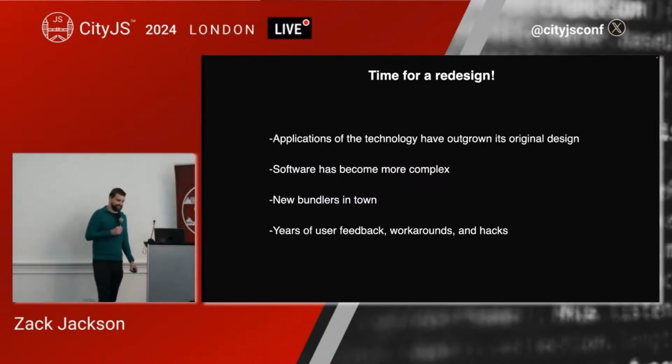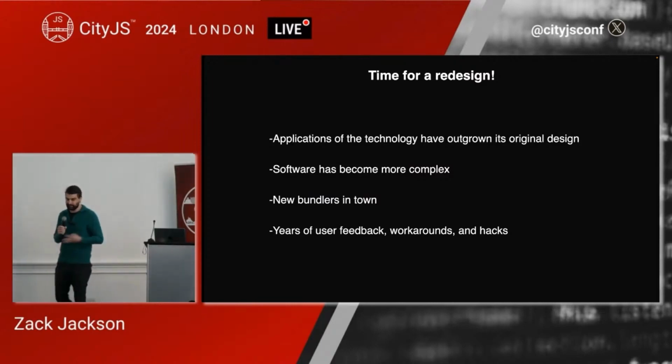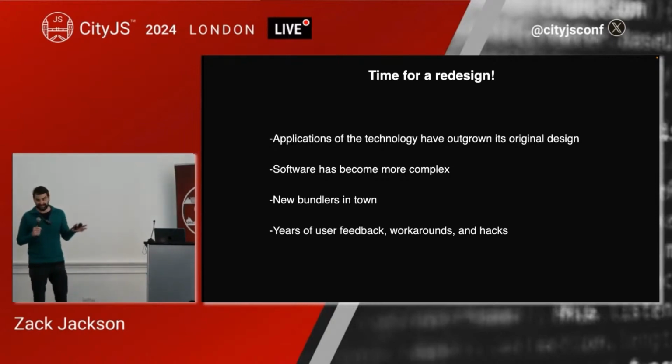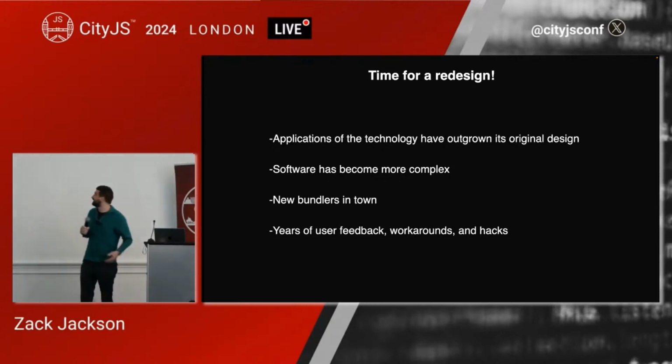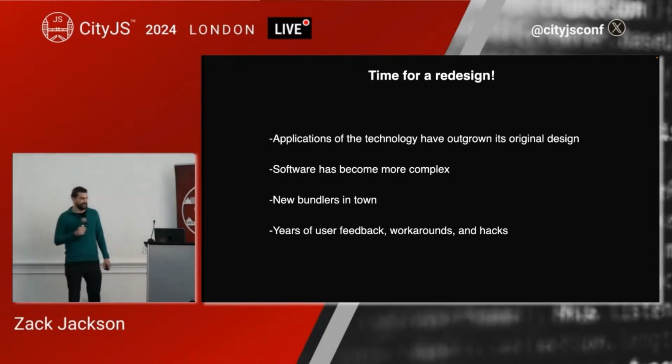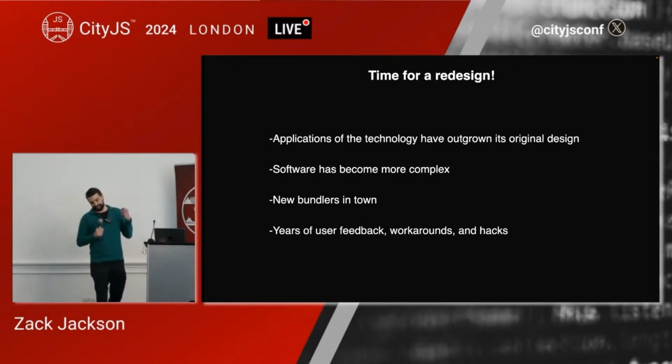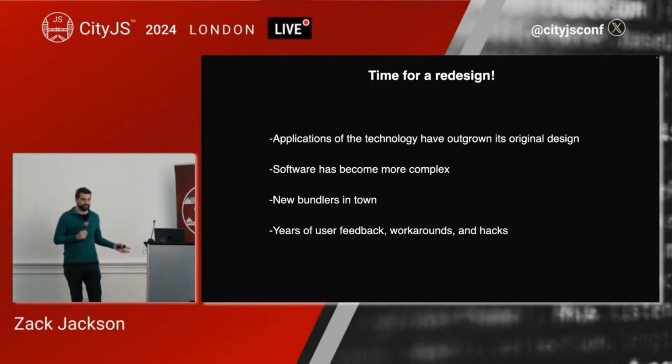When it was originally designed, what I wanted was code splitting between different builds. That was the general idea, or that's what I thought we needed at the time. But a couple of years in, with lots of user feedback, many workarounds and hacks, we started to realize that architecture has changed, the demand has changed, and how we're building these applications has grown more complicated.